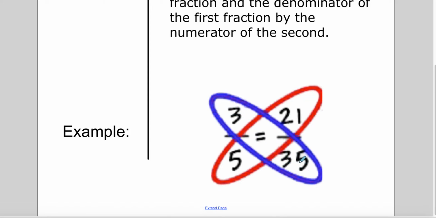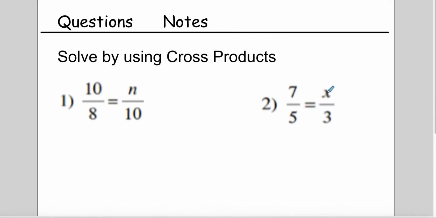If I was to multiply 35 and 3, I should get 105. And if I was to multiply 21 and 5, I should get 105. And so equivalent cross products, two equivalent ratios, should have the same answer. Cross products should give us the same answer. They should equal each other.